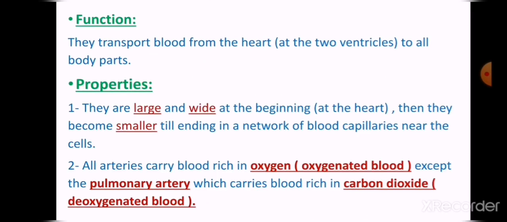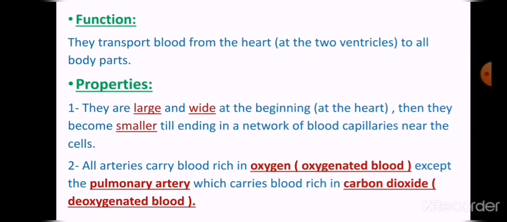Let's know more information about the arteries. They are large and wide at the beginning, at the heart, because they start from the heart. Then they become smaller, till ending in a network of blood capillaries near the cells.